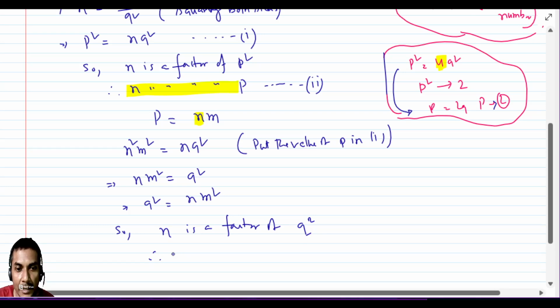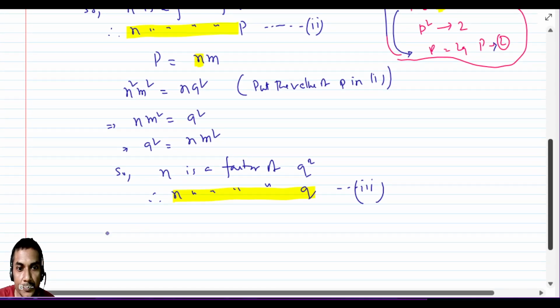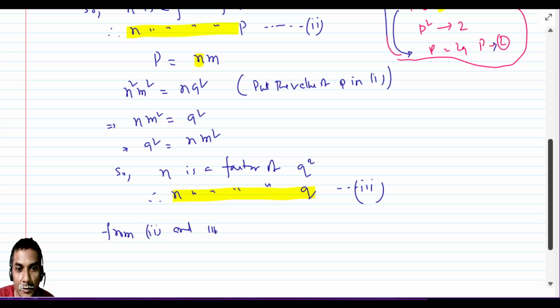So we can say that n is a factor of q also. So now we get these two statements, this is 2 and this is 3. So from 2 and 3, we can say that both p and q have the common factor n.